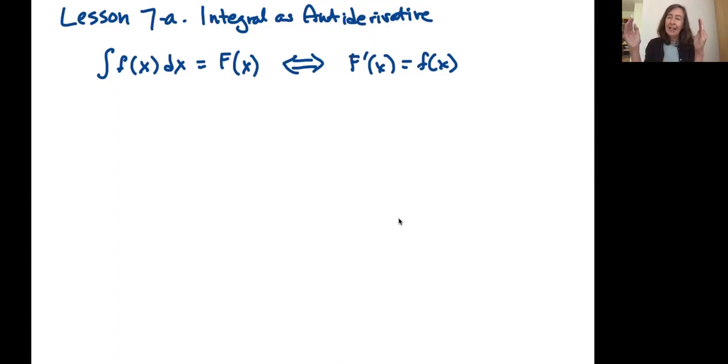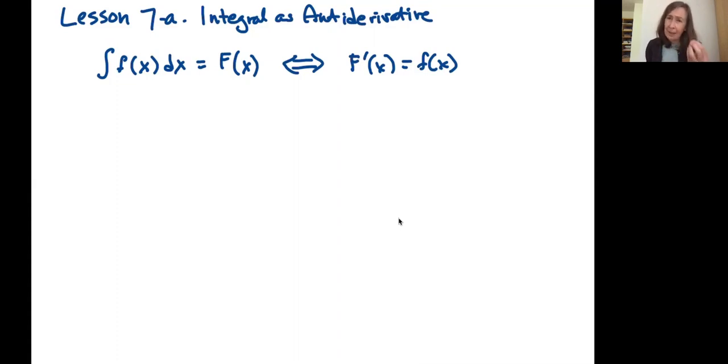On the other hand, the process that I'm going to talk about in the rest of this video, like for a specific function, finding its integral, you're almost never going to do that. Okay, so integration is something where we don't do it that often. Computers usually do it for us when it needs to be done. So I'm going to try and take a balanced approach to finding integrals.